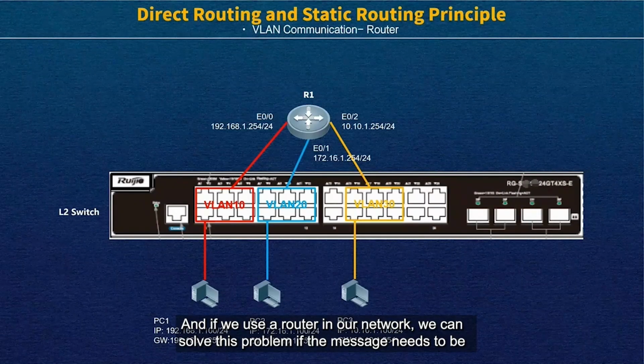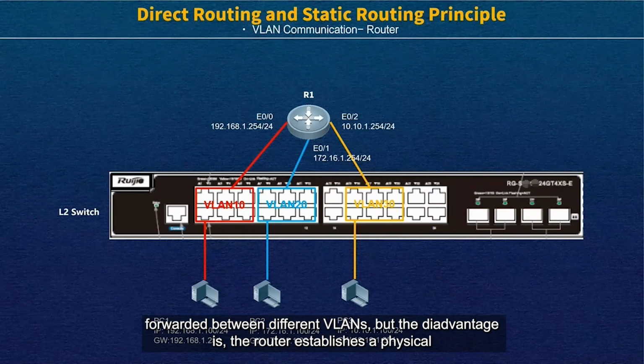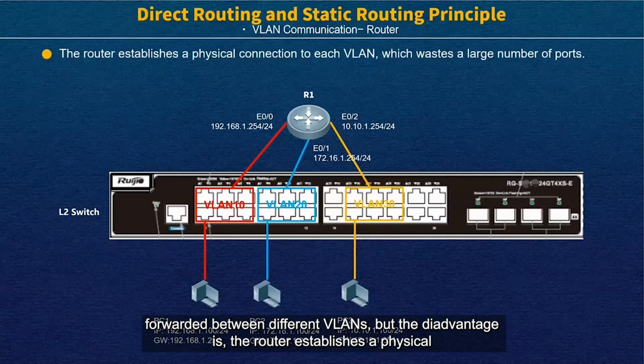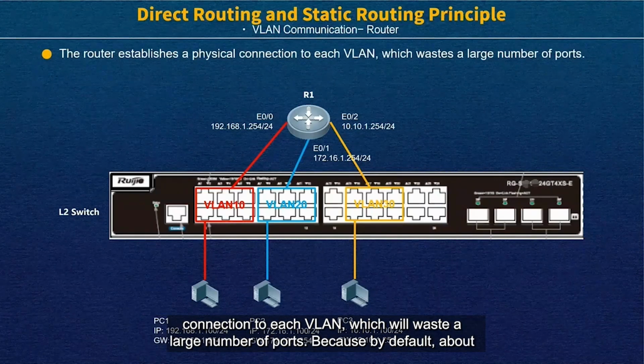And if we use a router in our network, we can solve this problem if the message needs to be forwarded between different VLANs. But the disadvantage is the router establishes a physical connection to each VLAN, which will waste a large number of ports.